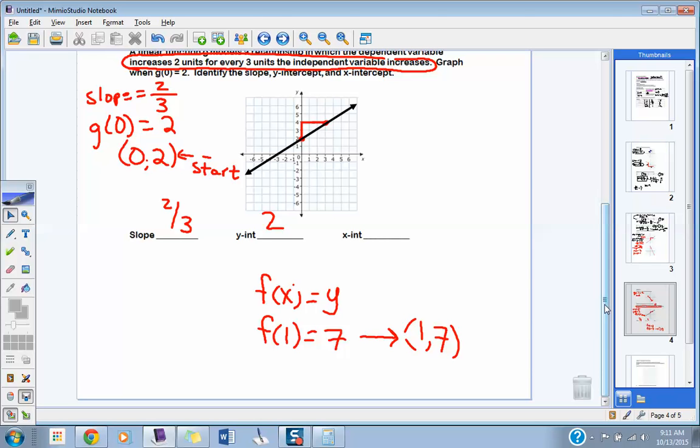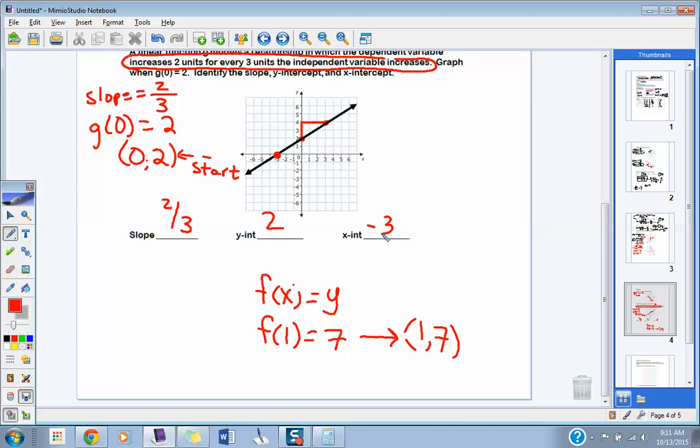I'm sorry, we already knew the y-intercept is 2. What's it appear the x-intercept is right down here? Looks like -3.